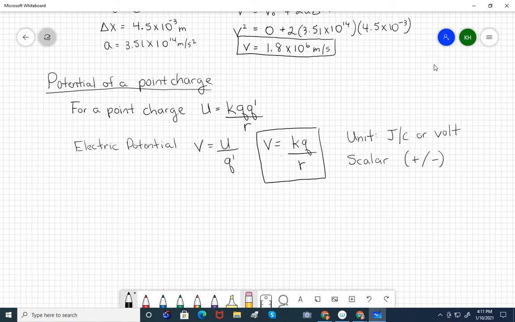It's a little bit different here because the sign of the potential is going to depend on the sign of the charge. As you get close to a positive charge, potential will be positive. But if we're looking at a negative charge, potential will be negative.